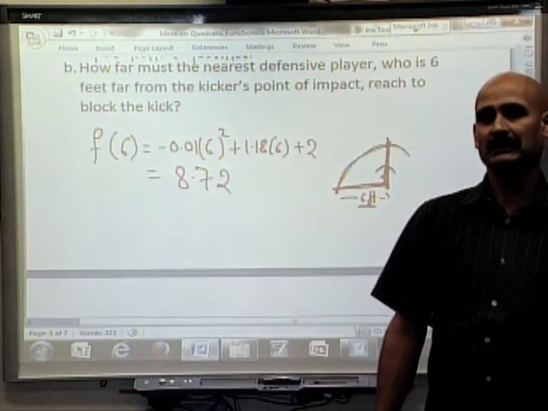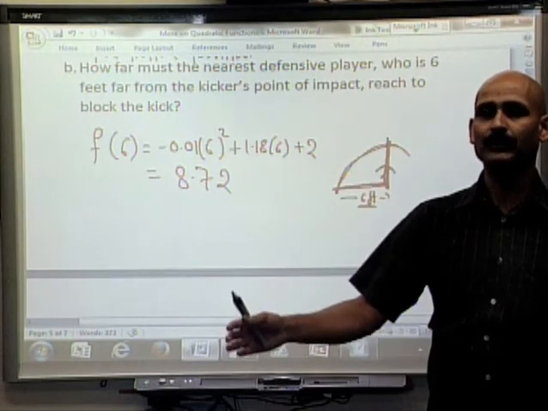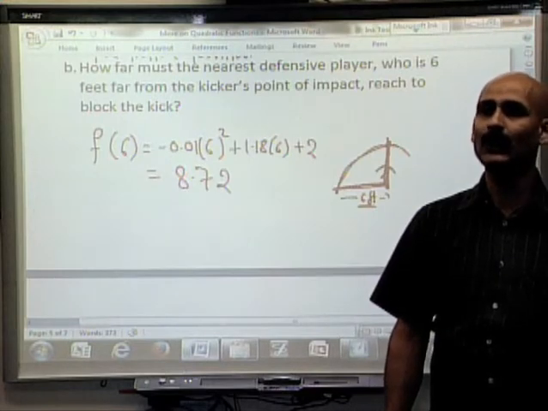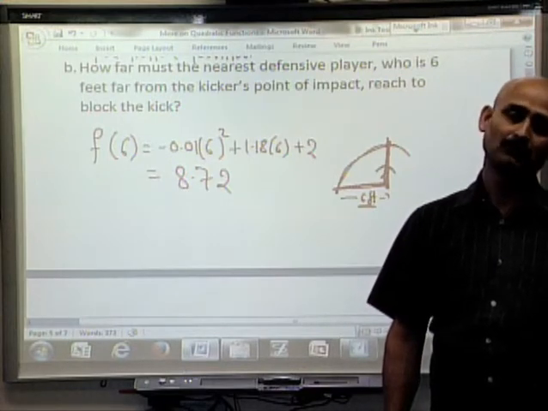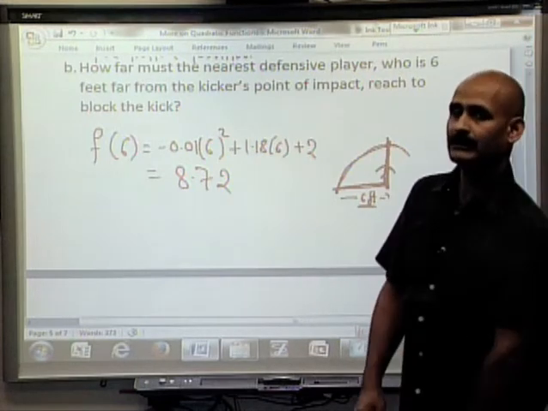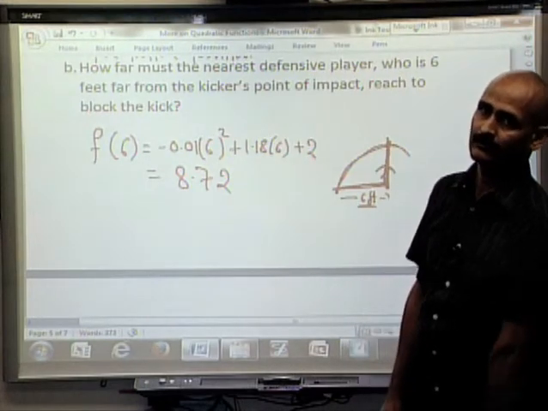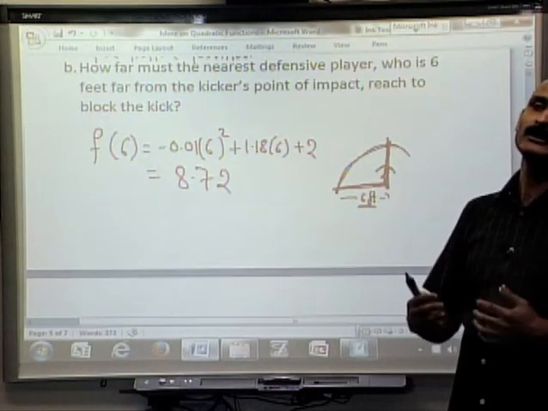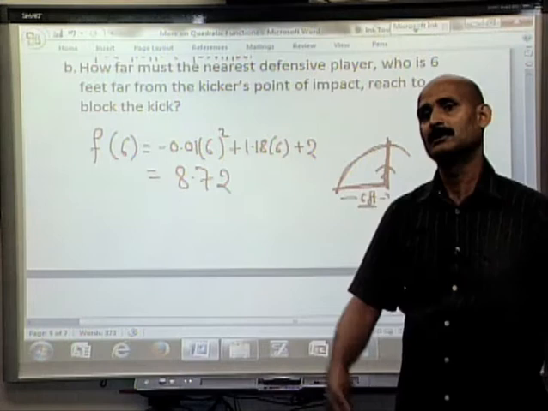If the person is 6 feet tall, the person has to jump 1.72 feet in order to reach the ball. So, basically the person has to reach 8.72 feet from the ground.